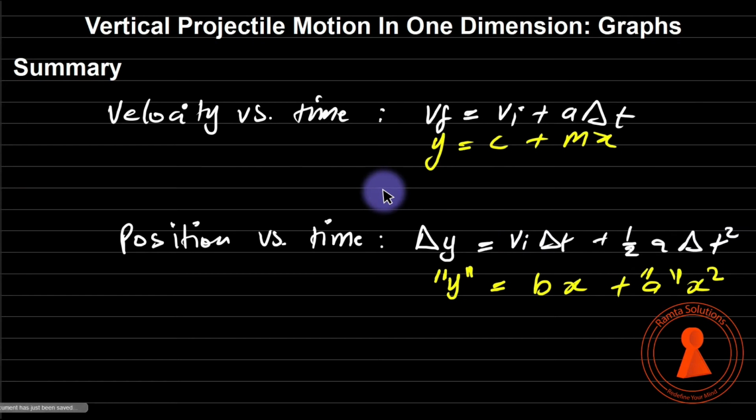I also mentioned that when an object is thrown upwards, you will have what we call time symmetry, which says time to reach maximum height is equal to time to return to initial position, right?